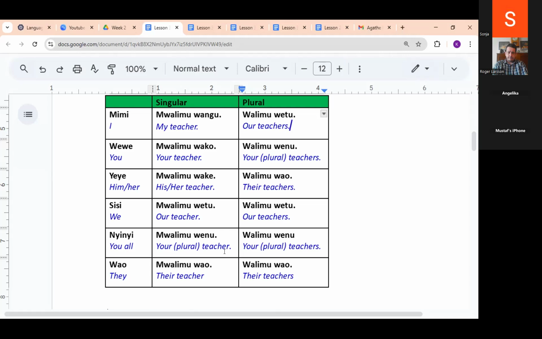I mean, you are one, but you have many teachers. How will you say your teachers? Maybe you have two or three teachers, so I want to say your teachers, not like you. Walimu wako, asante. His teachers, Kakaroja. Walimu wake, vizuri sana.